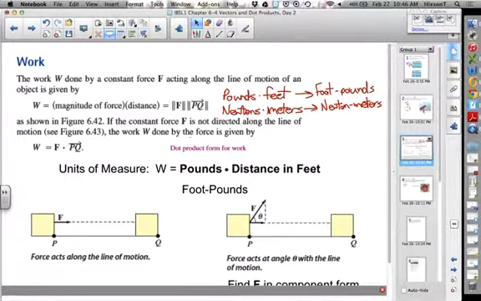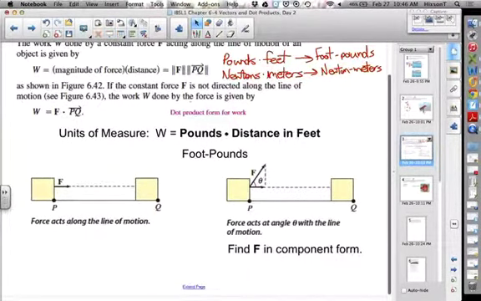So notice what we have here. We have force that is pulling directly in line with the way we're trying to go. That one's a little easier because they're going in the same direction. You don't have to do anything with the force.